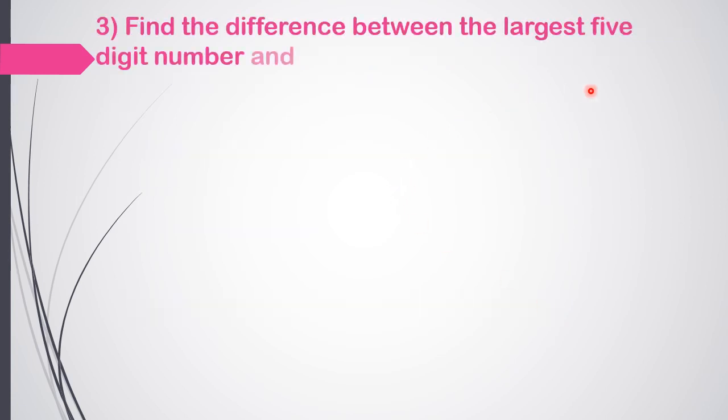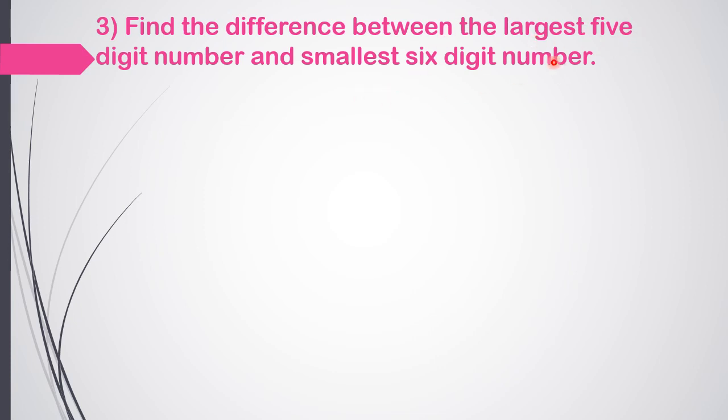Then the third sum. Find the difference between the largest 5-digit number and smallest 6-digit number. So here they ask the difference between the largest 5-digit number and the smallest 6-digit number.